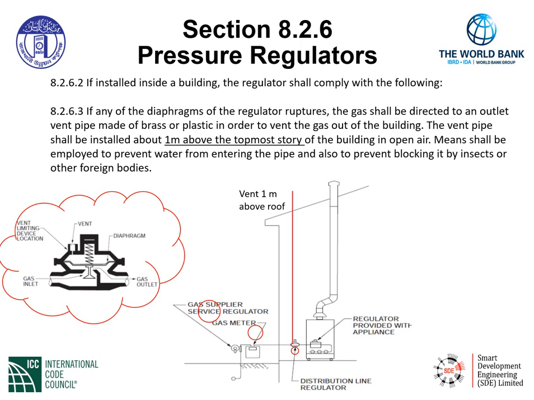That's a sealed diaphragm. And it has to go over the seat and out the gas outlet. If the diaphragm should rupture, the gas will go through the diaphragm into the vent chamber and be vented through the roof. Looking at the elevation view, we can see the red pipe indicates the vent, attached all the way from the regulator to at least 1 meter above the topmost story, or in this case, the roof itself.